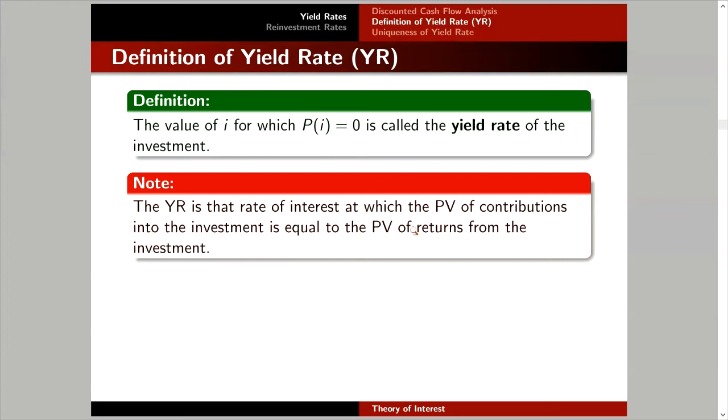Value ng perang papasok sa'yo equals value ng perang lalabas sa'yo. Of course, you have to value those amounts at the same valuation date or comparison date. Okay? So kung ano yung I, interest rate na ginamit niyo doon sa equation of value, yun din ang tinatawag na yield rate. Okay?